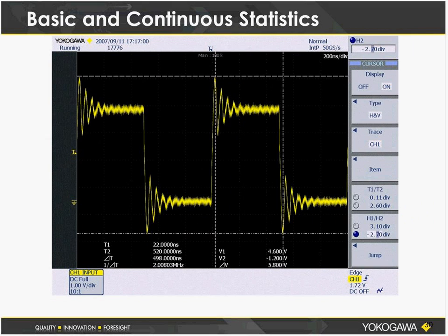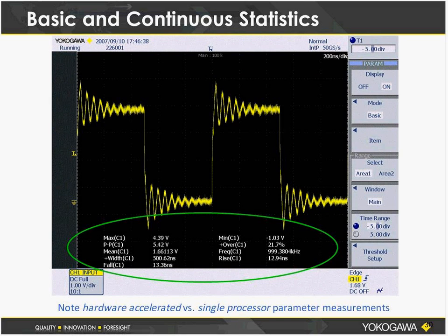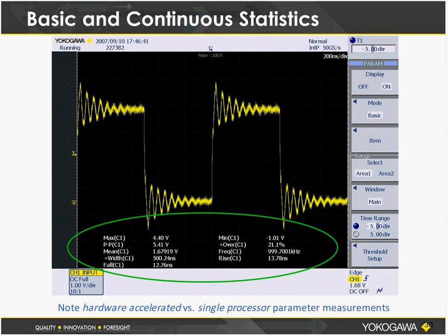Another way to make your cursor measurements a little bit more reliable is by turning on basic and continuous statistics. So here we have an automatic measurement over time. Actually, here we just have a basic cursor. And then here, what we've done is automated that measurement of peak-to-peak voltage with the instrument's internal algorithm.